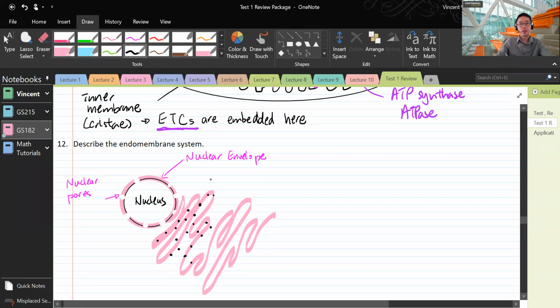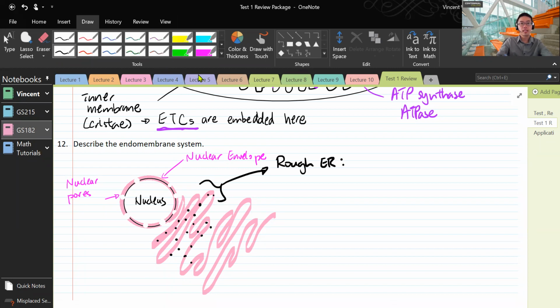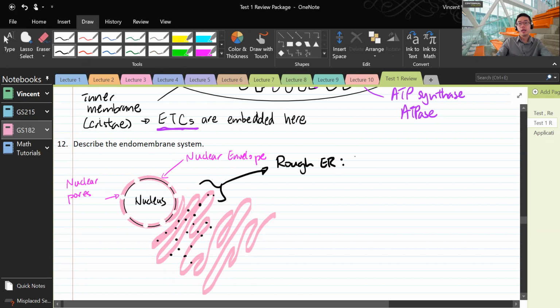So this portion, I'm going to say it's the rough endoplasmic reticulum. And what it does is it will work with ribosomes to synthesize, to make, and package proteins.